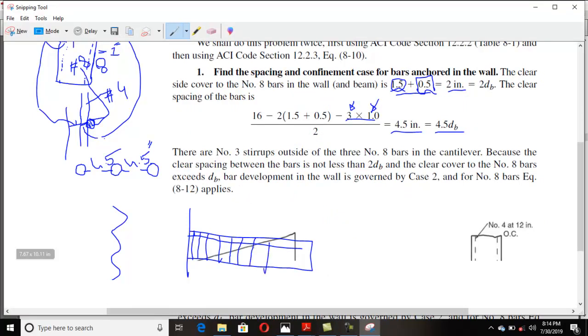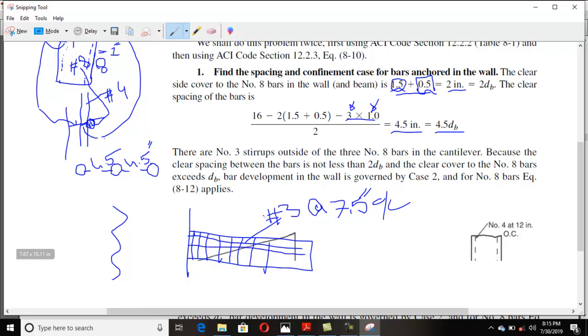That is number 3 stirrups at the rate of 7.5 inches center to center. Okay, center to center. So this was the stirrup spacing.